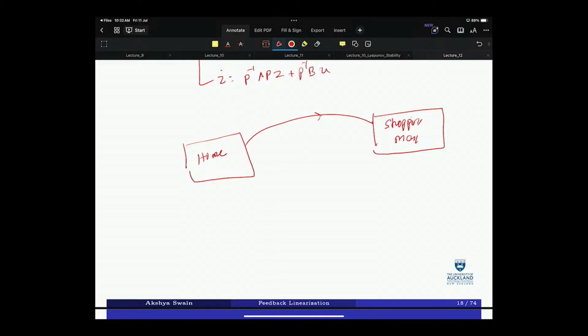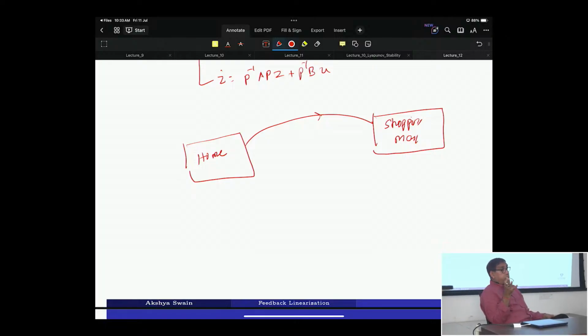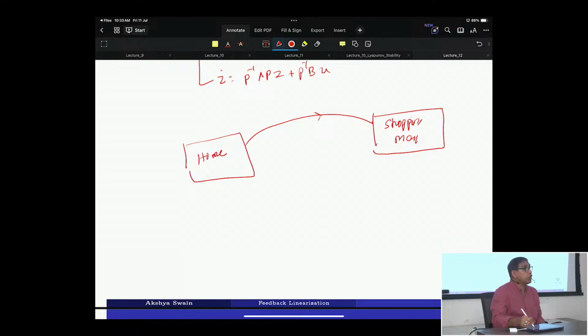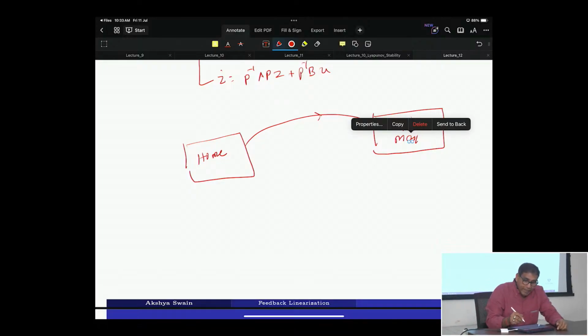Any time you do the transformation, remember, in practice, not in forensic, biometrics is different. Any time you transform to another domain, another place, that transformation must have an inverse. You should be able to come back.